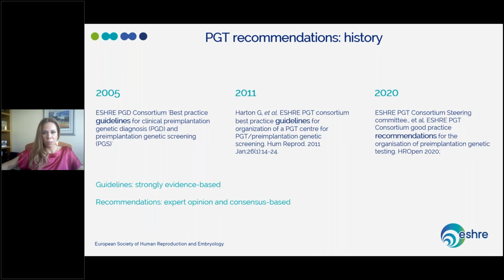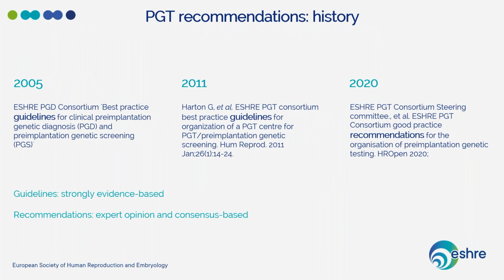Now, an important difference between the previous papers and the 2020 update is the change from guidelines to recommendations. What is the difference? Well, guidelines are strongly evidence-based. One is starting with a literature search, and this will provide evidence for the statements in the guidelines.